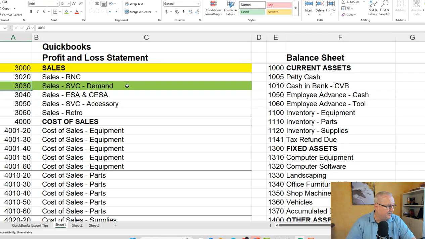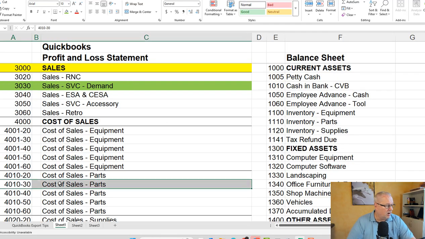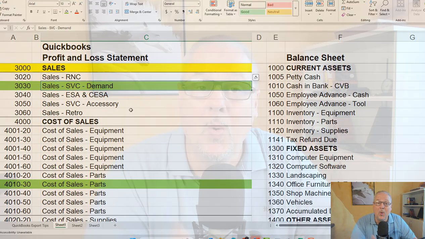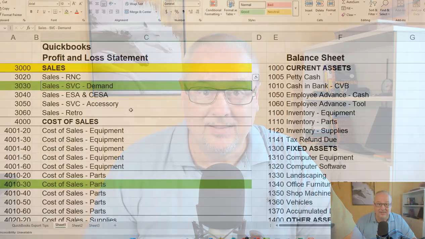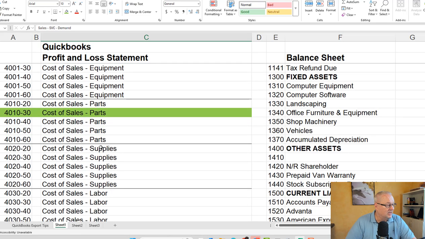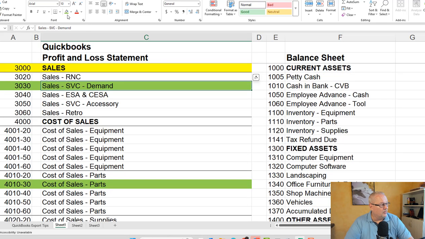And to take it a step farther, if I go to get some parts, well, I'm going to put that in a -30 as well. It's not just the cost of the job, it's -30. So I can literally run each department's report and know by department how much money it's making. Okay? And then as a gross, we have to actually look at the overhead and break that out.